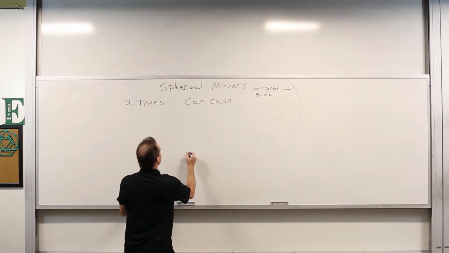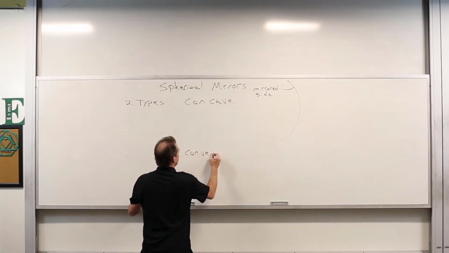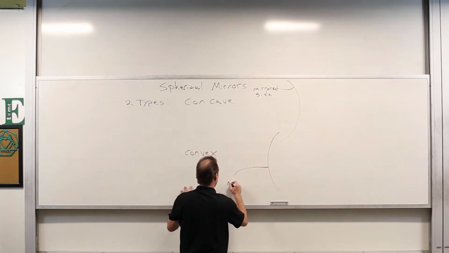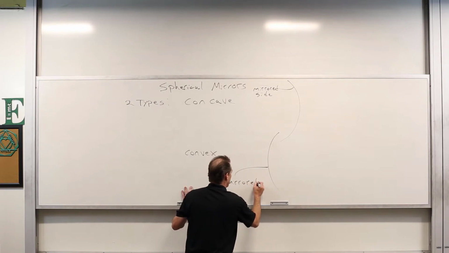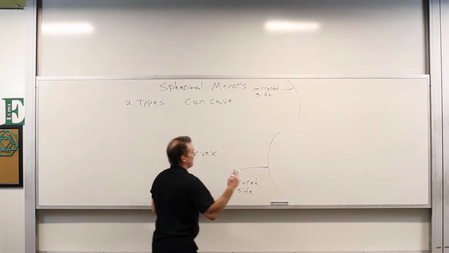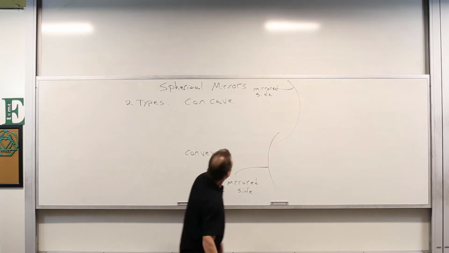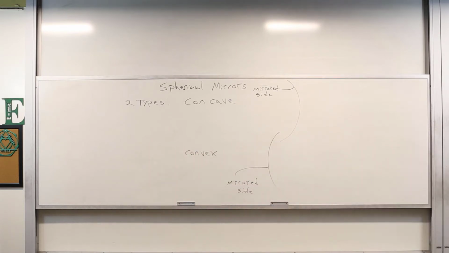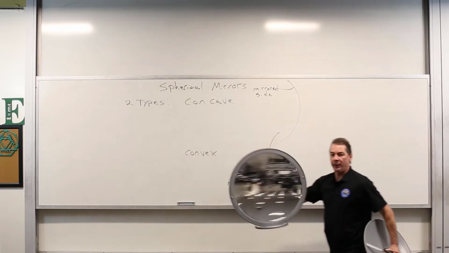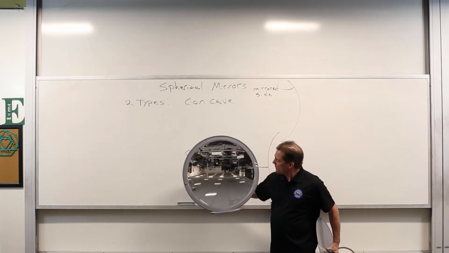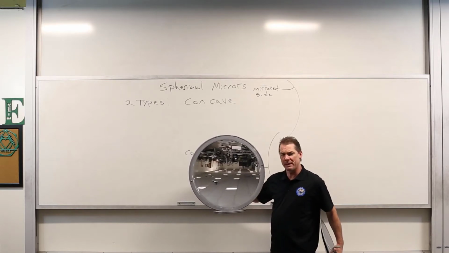And convex. Outer portion of the spherical surface that is mirrored, reflective, if you will. So here we have ourselves a concave mirror, and concave mirrors are pretty cool because they do some neat things.